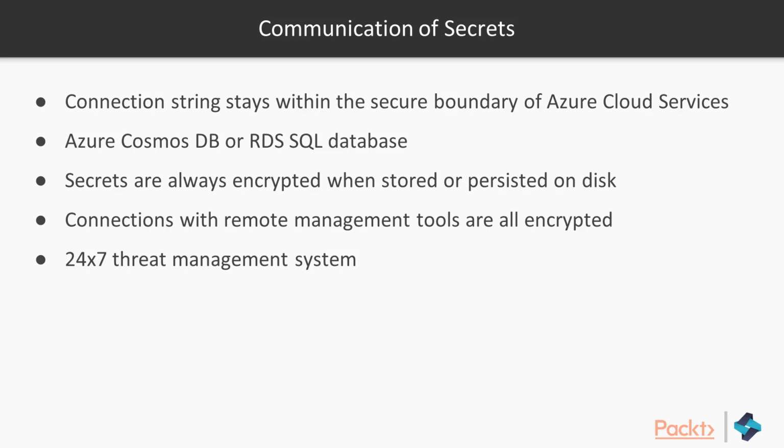For instance, the Azure Cosmos database connection string, which we used in the previous section, is encrypted and secured by Azure. Connections with remote management tools such as PowerShell or Azure CLI or Azure SDKs are all encrypted. So this means that the connection we established between our host machine and Azure while managing our resources using Azure CLI in the previous section was encrypted and secure.